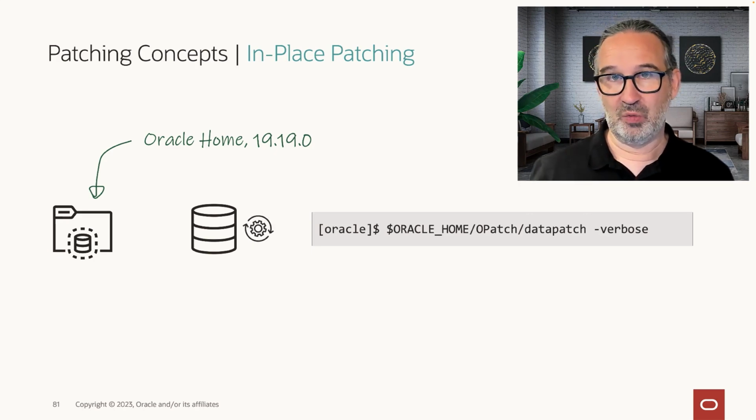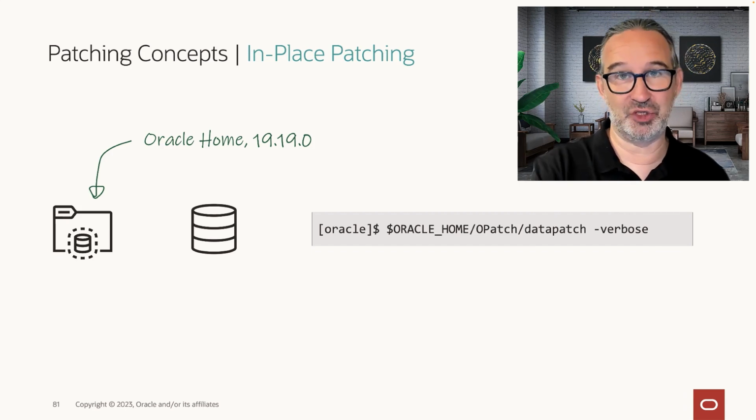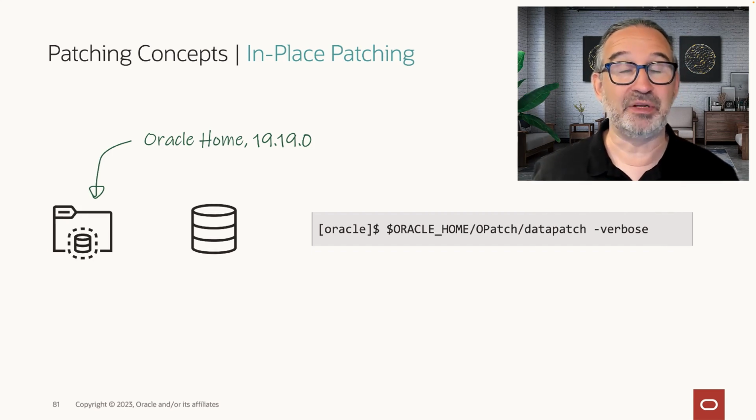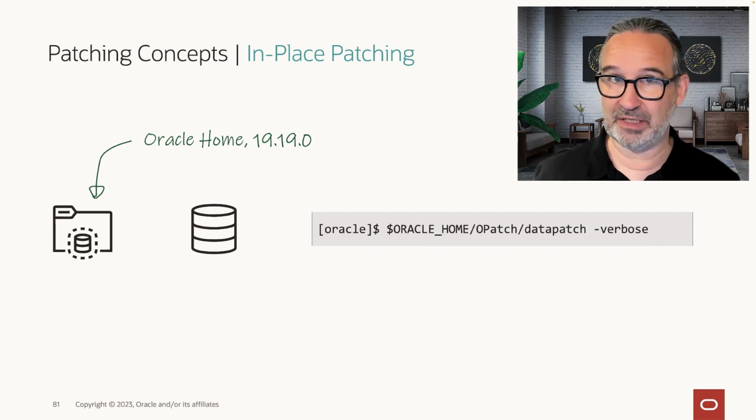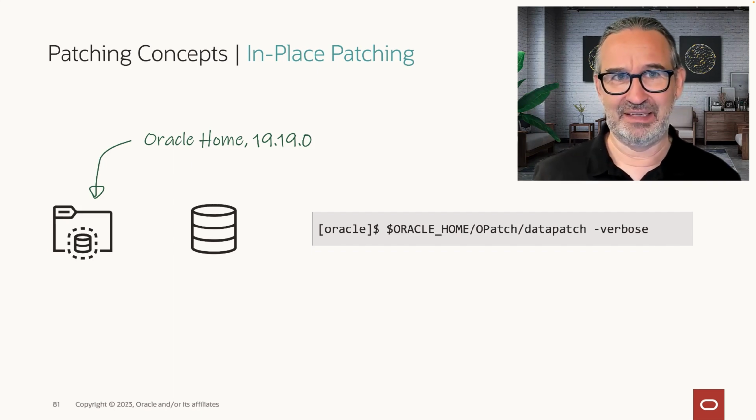Now, what is the upside? That looks very simple. You don't need a lot of extra space, except that the previous information will be stored in the patch storage subdirectory, but opatch now offers a way to clean up. The real downside is, if something goes really wild, you destroy your home. So you basically sit there with a database you can't start up anymore.